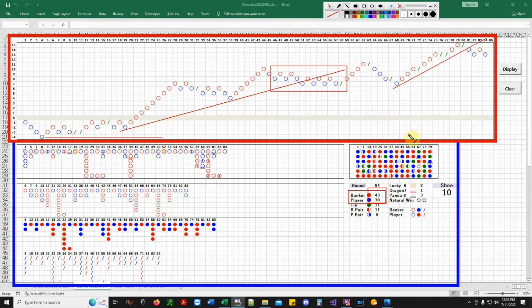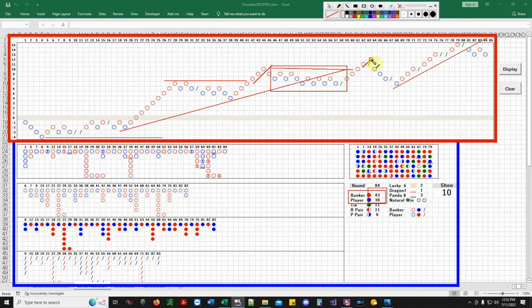There are ways to bet these patterns. Look at this right here. This is resistance. That's resistance. That's a breakout. Then you got resistance up here.